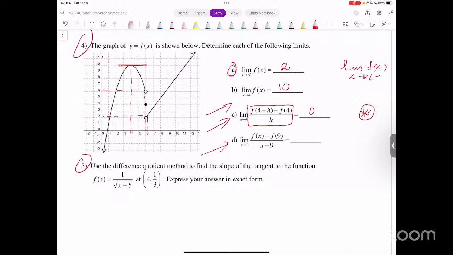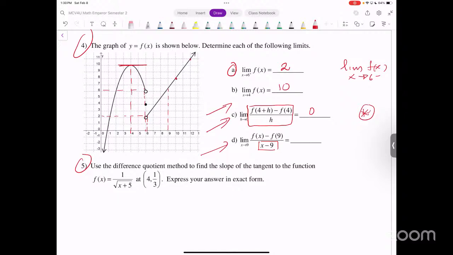So let's go back to this one, f of x minus f of 9 over x minus 9. You try to find a slope at 9, because when x goes to 9, x minus 9 goes to 0. What is the slope at the point 9? It's a straight line. You can use rise over run to find the answer.